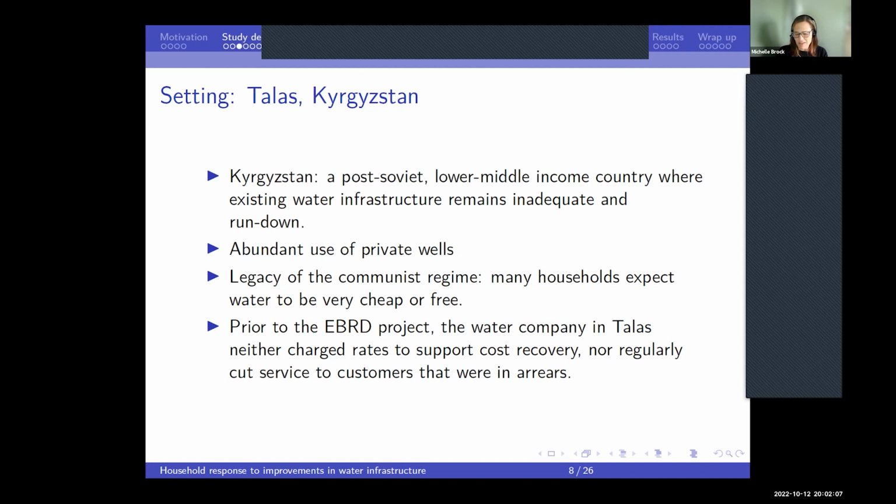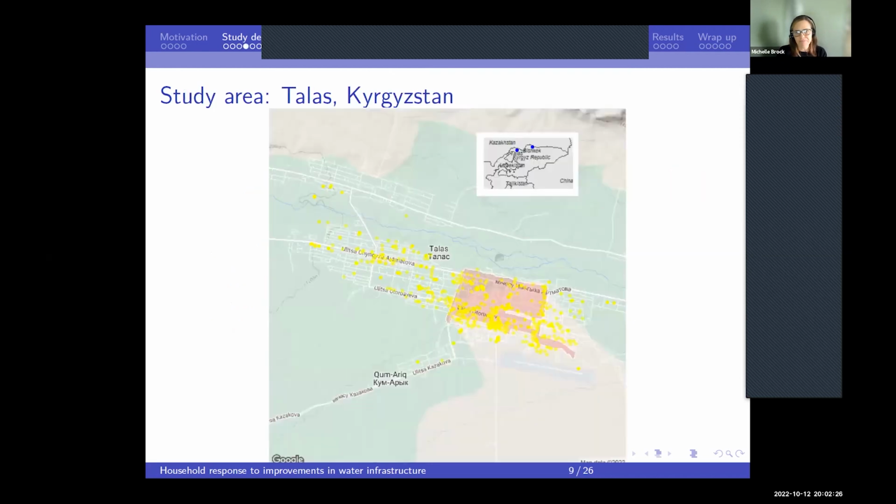So as you modernize the systems and start charging more, which was part of the utility company's goals with this project, moving from a norm-based billing to metered billing eventually, what are you going to get? Are you going to have people run away from the utility company or not?